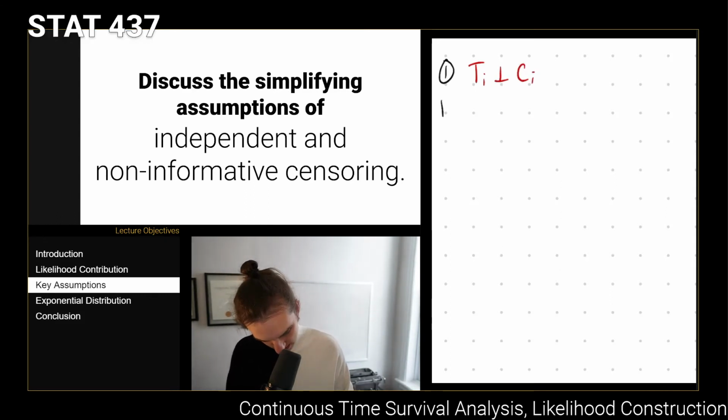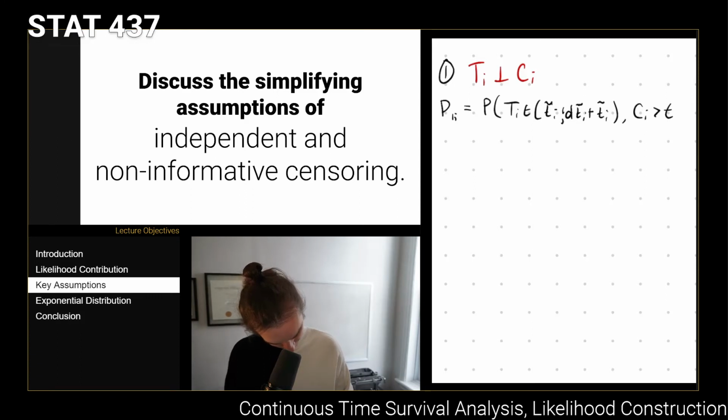Well, if we think about, say, that P1 expression that we were looking at, P1i, to be clear, we had this as Ti is in some interval up to D, and Ci greater than T tilde i.